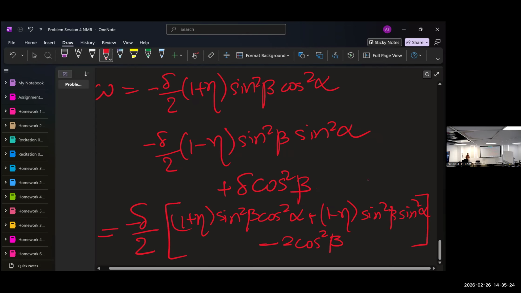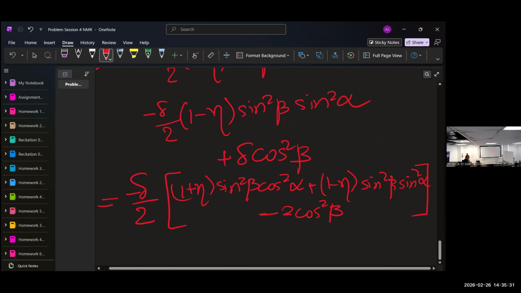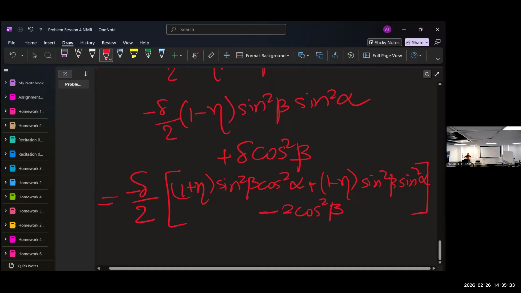Does this make sense? Any recommendations for simplification? After this it is just trigonometry and more trigonometry.